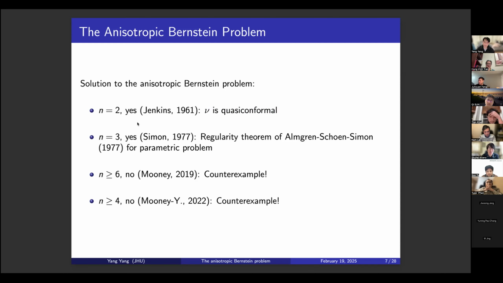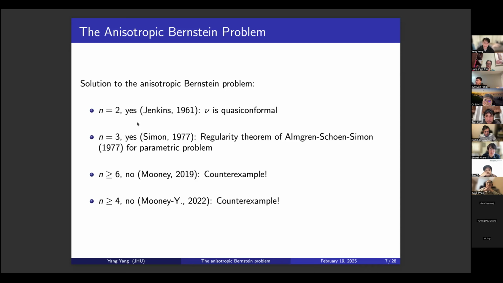And the reason this is surprising is that, if you remember, the key factor we need to extend the Bernstein theorem to higher dimensions for the minimal surface case is the monotonicity formula. And this is something we lose in the anisotropic case. But anyhow, Leon Simon still managed to extend the theorem to 3 dimensions.